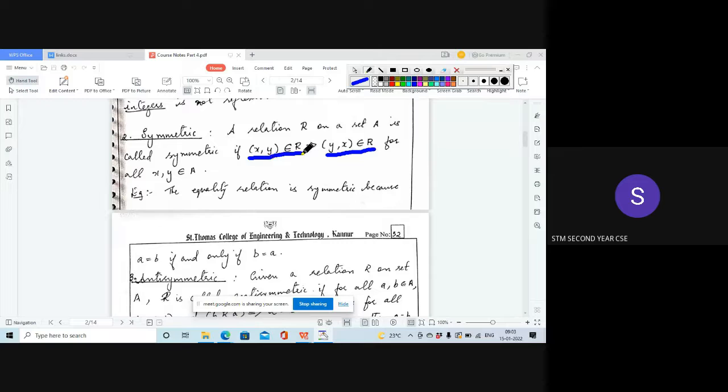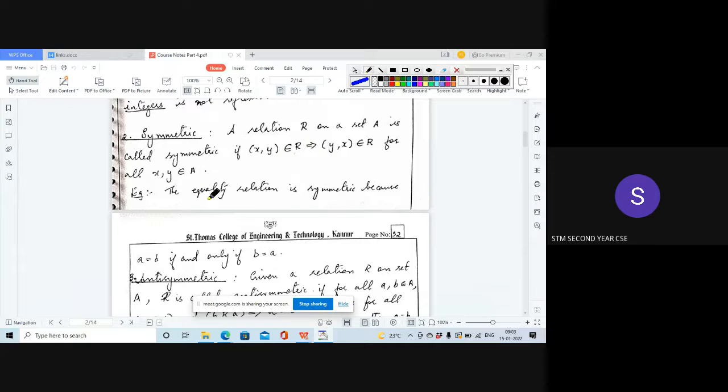For any element x, y in the set A, if (x, y) is an element of the relation R, then (y, x) is also an element of R. So this is the definition of the symmetric property.